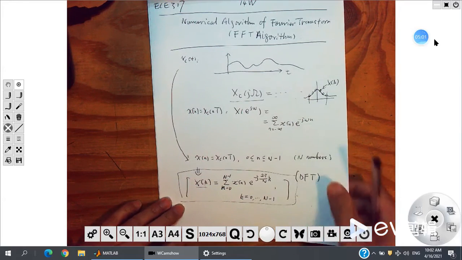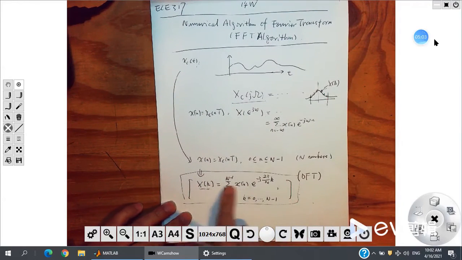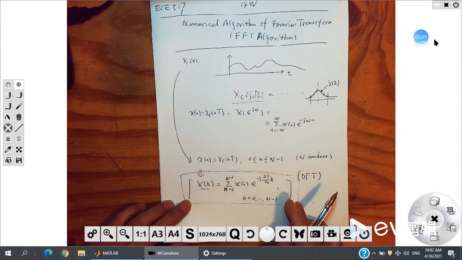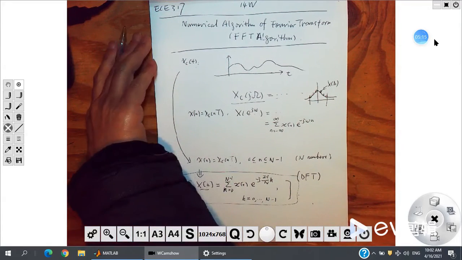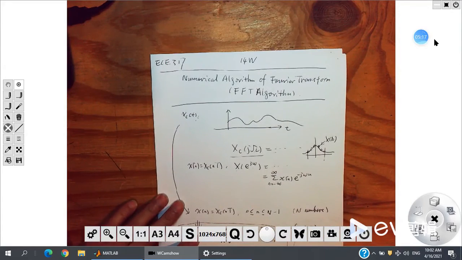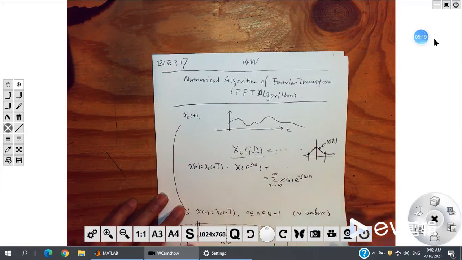Now we consider how to calculate this. You just follow the formula. This is the most basic way, but this way will cost a lot of time. Then the basic idea, we have two considerations.